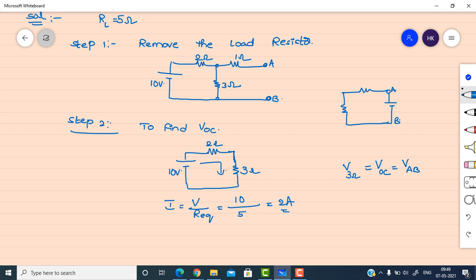Then if it is a circuit like this, then can I say the voltage across 3 ohm is equal to voltage across A and B terminals? Is it correct? True or false? Let us suppose this is 2 volts. Is it the same voltage appeared across the 3 ohm resistor or not?